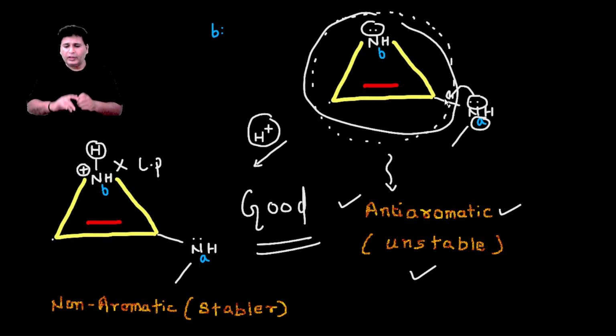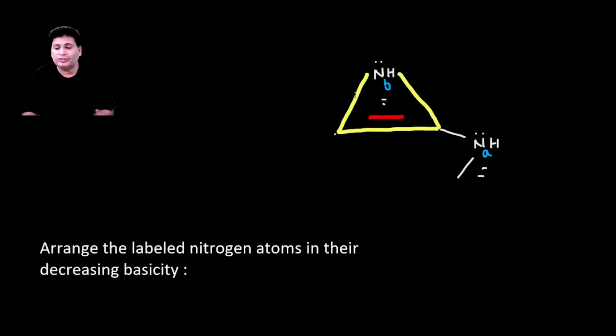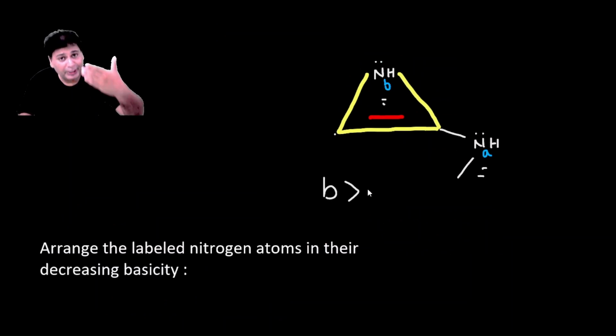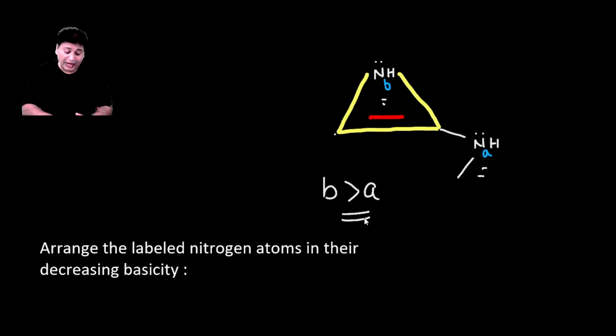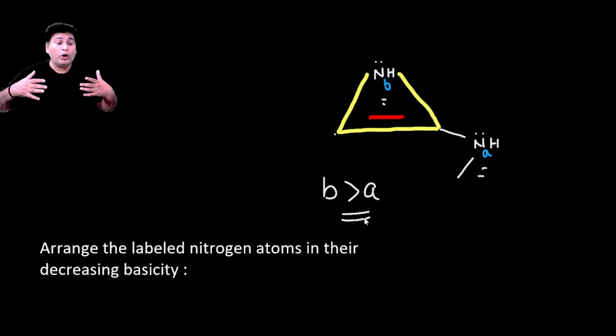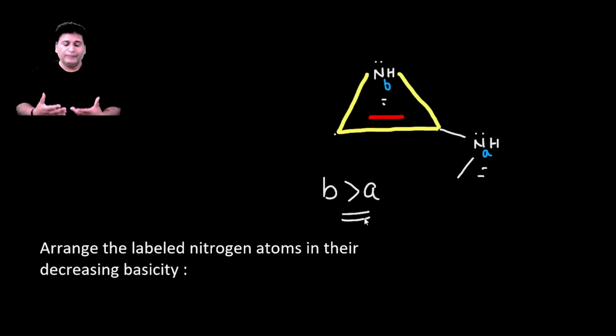So after taking all these things into account, we come to the conclusion that between A and B, B is a stronger electron provider in comparison to A. That is how you have to think in terms of what the benefits are.